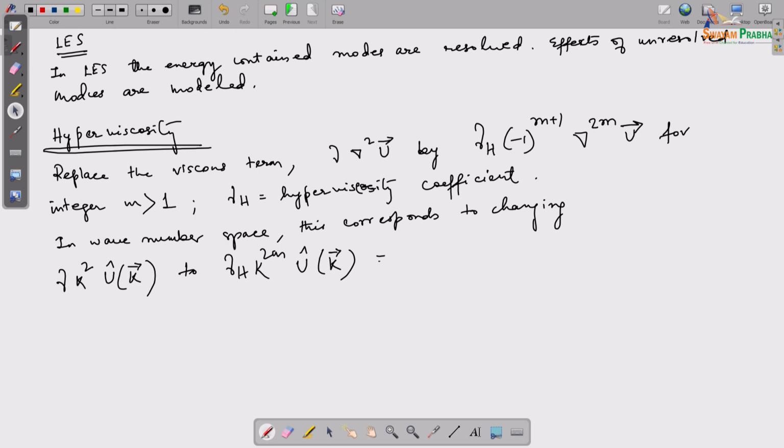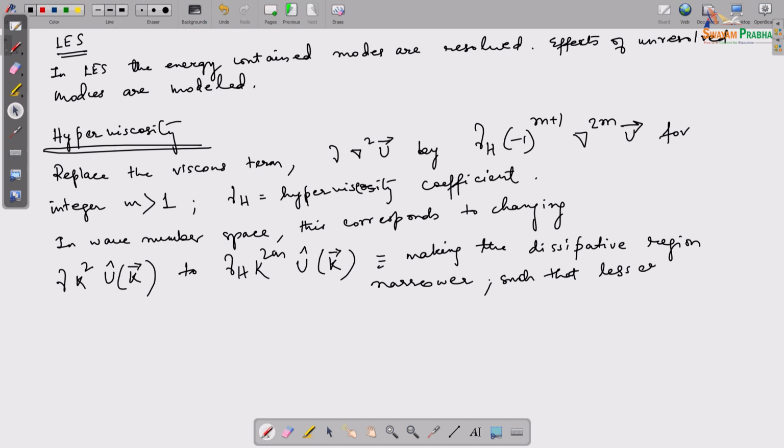So essentially this results in making the dissipative range, the dissipative region, narrower, such that a lesser number of wave numbers are to be resolved. So that's hyperviscosity.